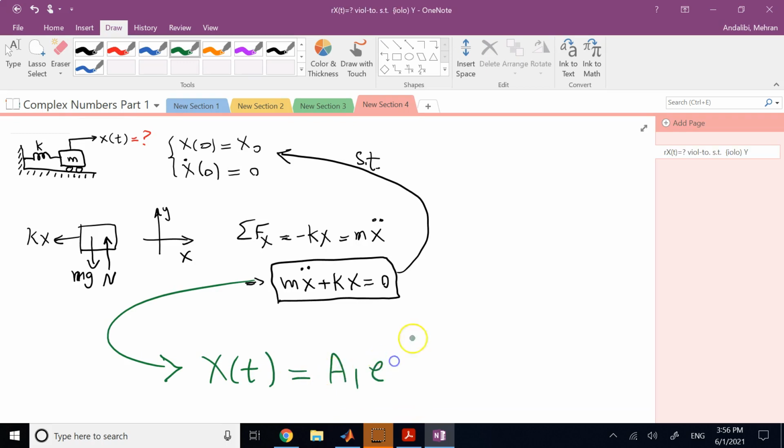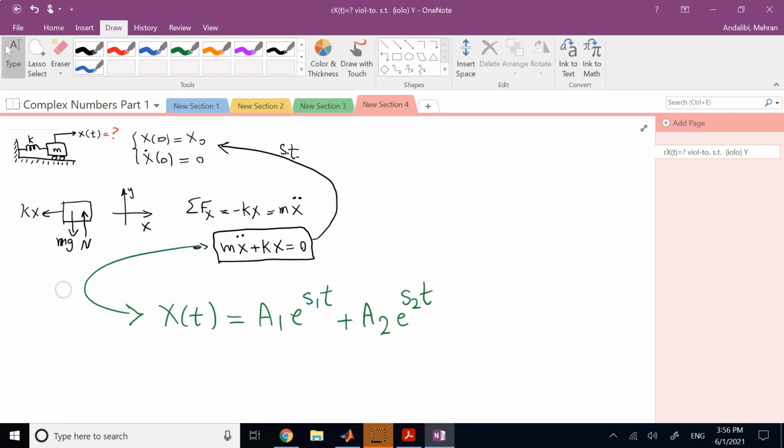a1 times e to the s1 t plus a2 times e to the s2 t, where s1 and s2 are the roots of what we call the characteristic equation or the auxiliary equation, which is m s squared plus k is equal to 0, correct?